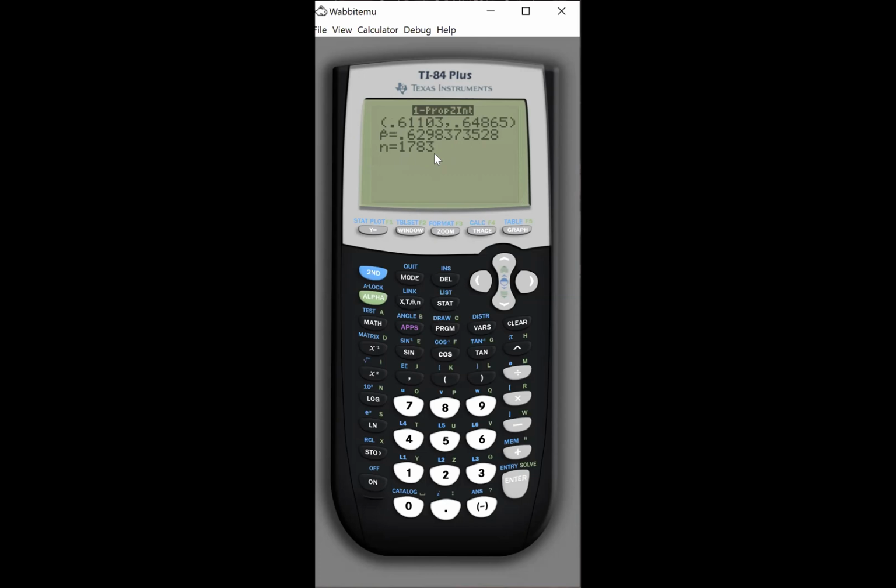But if I were you, double check that with your calculator, because for the TI-84 and the TI-Nspire, it doesn't really matter if you put it as a whole number or as a decimal. Try it out with your calculator, put it as a decimal, put it as a whole number, and see if it gives you the same thing. It should, but double check just to make sure.